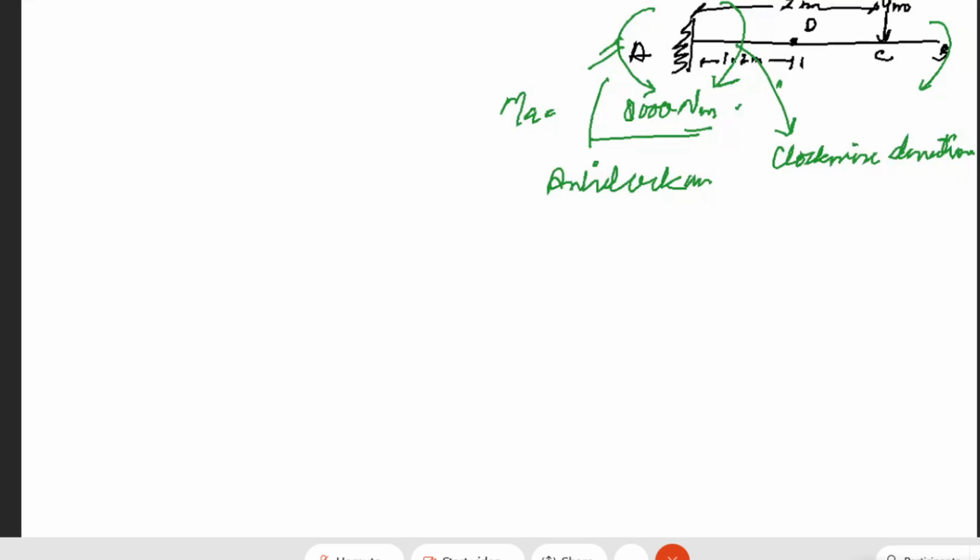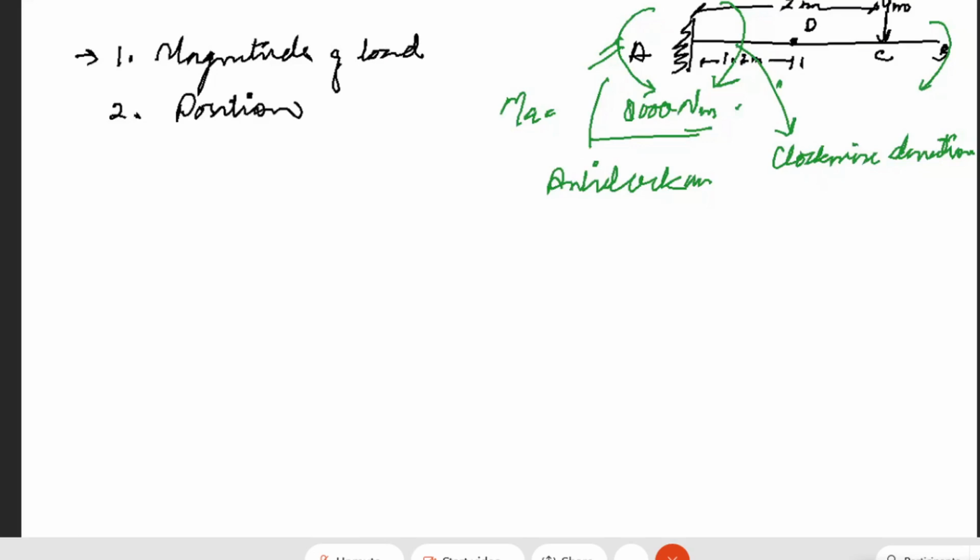We have to understand that when we consider the bending moment of any beam, it depends primarily upon two things: one is the magnitude of the load, and secondly the position of the load.